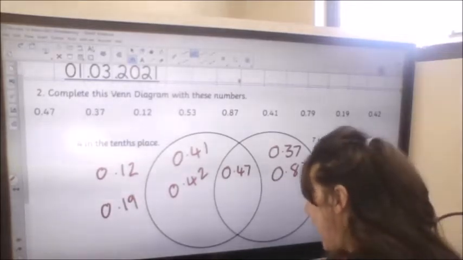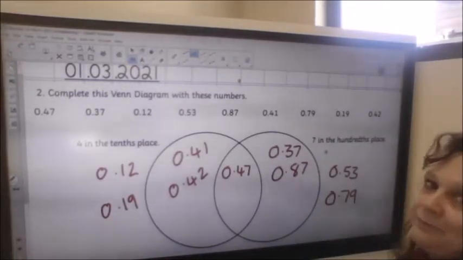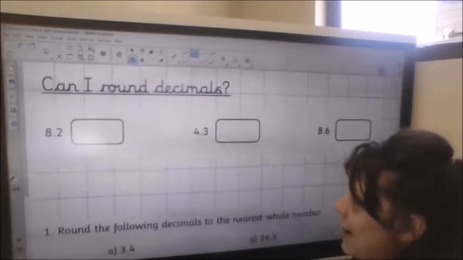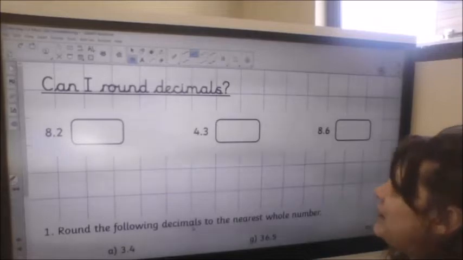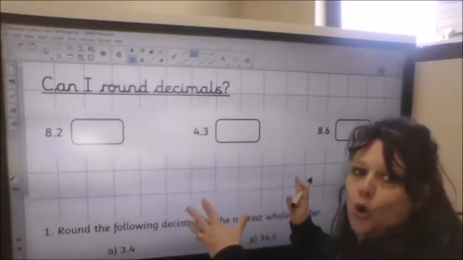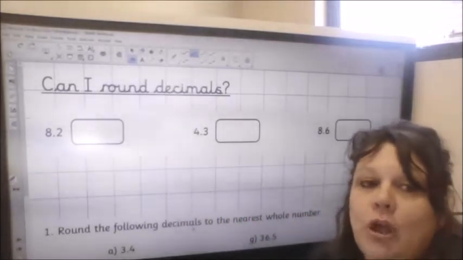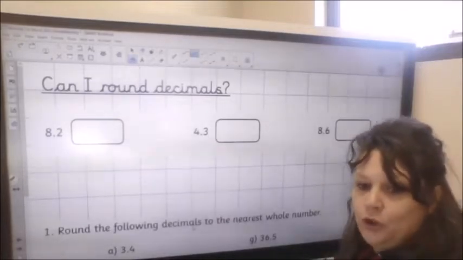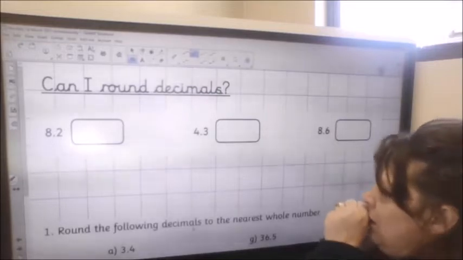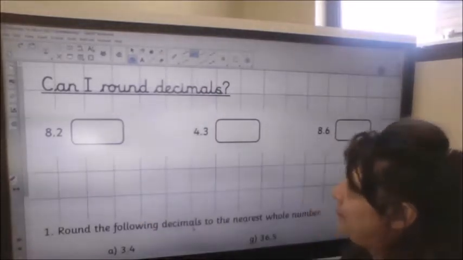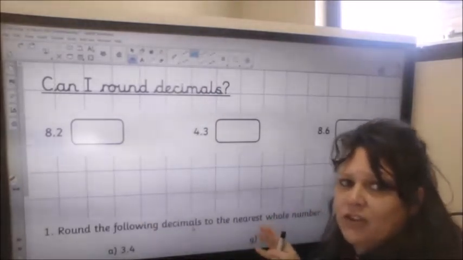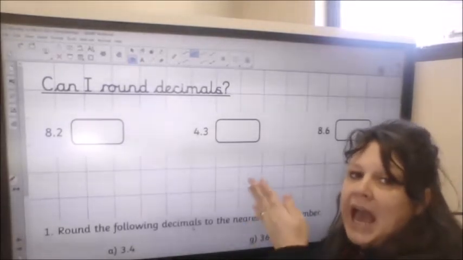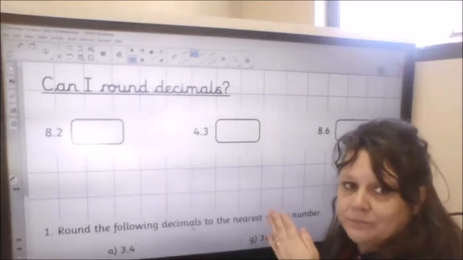Let's have a little look at what you're going to do today then. I did say we are going to be looking at rounding decimals, and we're going to be rounding decimals to the nearest whole number and then also the nearest tenth. I'm going to show you how to do both of those. So if I'm rounding to the nearest whole number, I need to look at the tenths column.